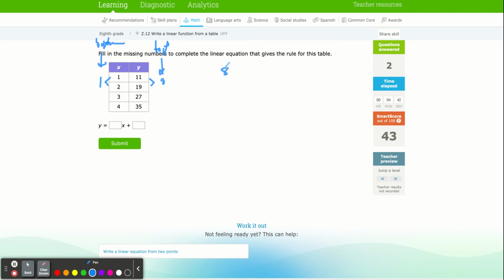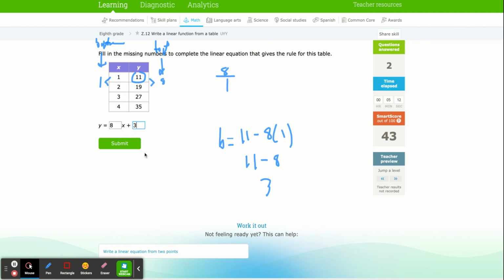So I'm going to do 8 over 1 is my slope, which I can just do as 8. So I'll type in an 8 here. Now I'm going to find my b value by taking my first y value, which is 11, minusing off my slope, which is 8, times the corresponding x value, which is 1. What's 11 minus 8? Because 8 times 1 is 8, by the way. That's going to be 3. So this value here should be 3.